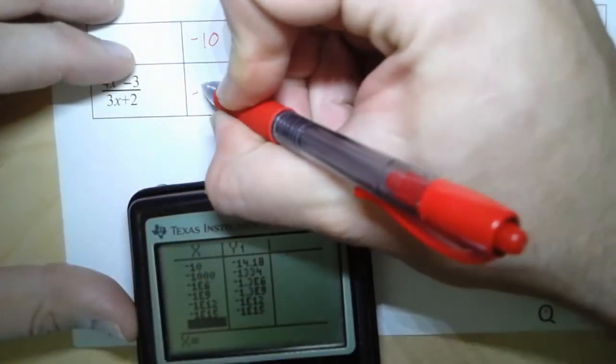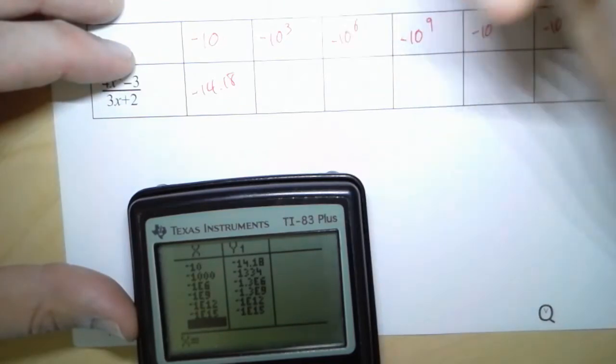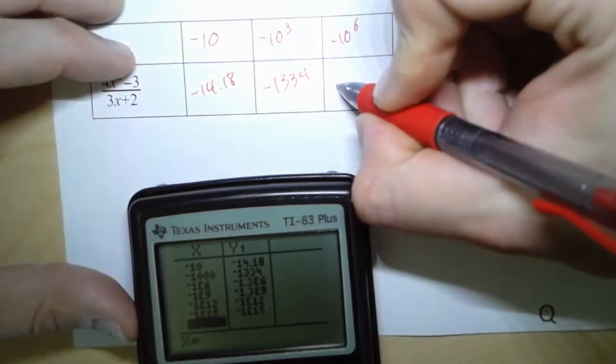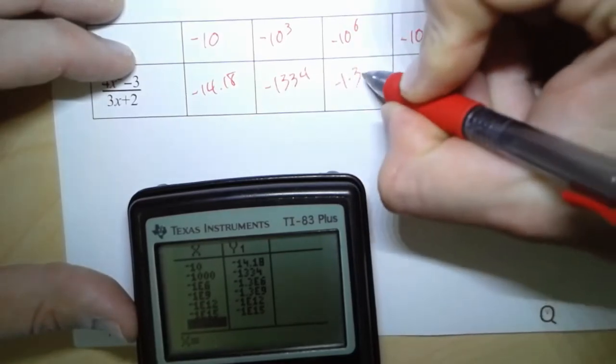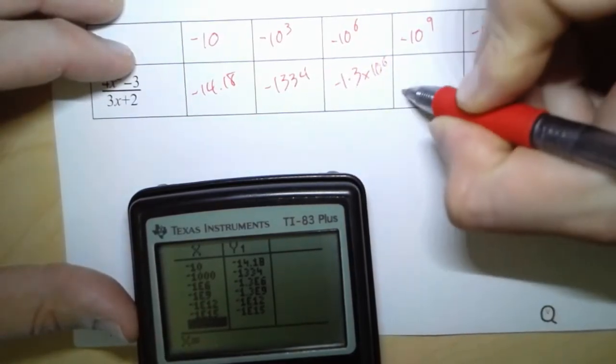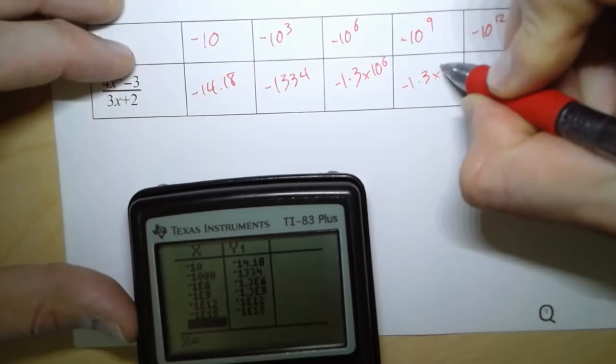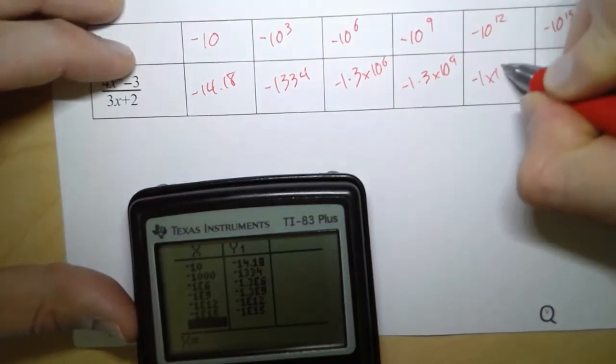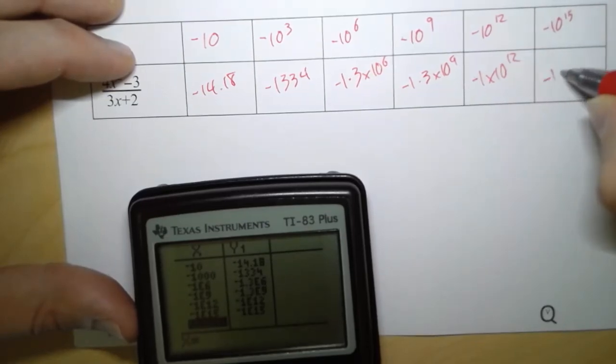So we have negative 14.18, and then negative 1334, and then negative 1.3 times 10 to the 6th, negative 1.3 times 10 to the 9th, and then negative 1 times 10 to the 12th, and negative 1 times 10 to the 15th.